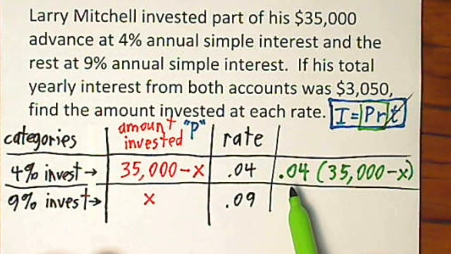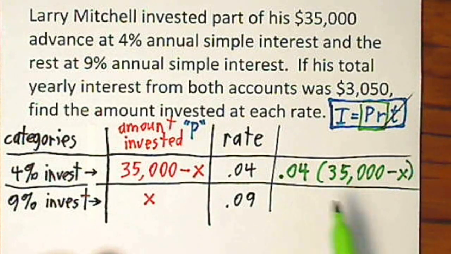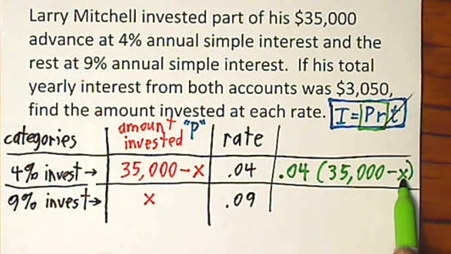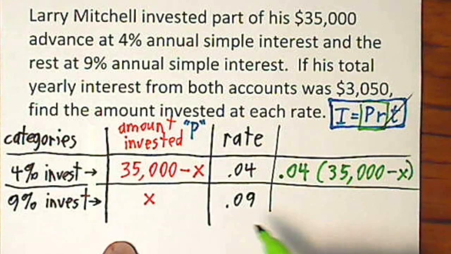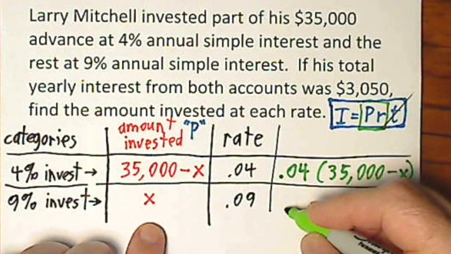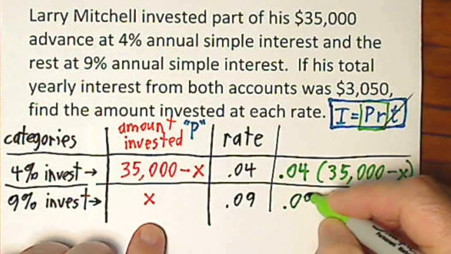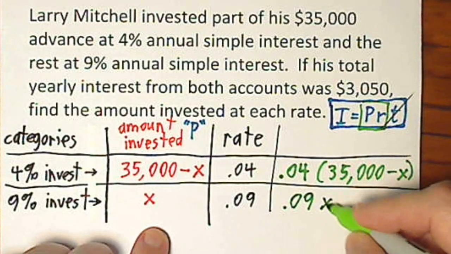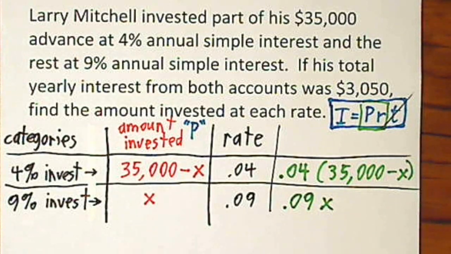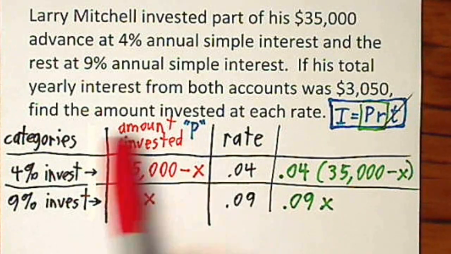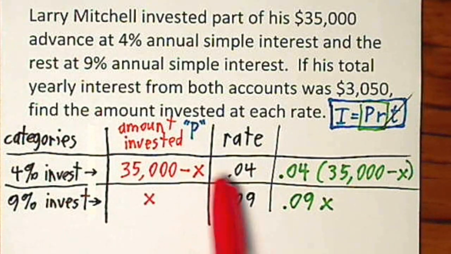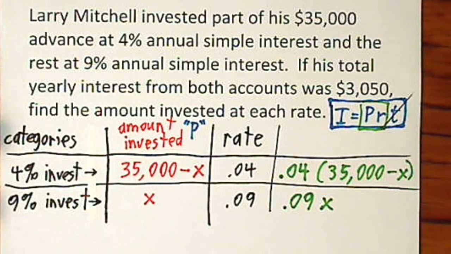Okay, so this is 4 hundredths times the quantity 35,000 minus x, and then this one's a little bit friendlier. 9 hundredths x. Okay, and I mentioned this in earlier videos. We're not going to use all of these numbers as they sit in our calculation. This chart is just to help us organize our thinking.